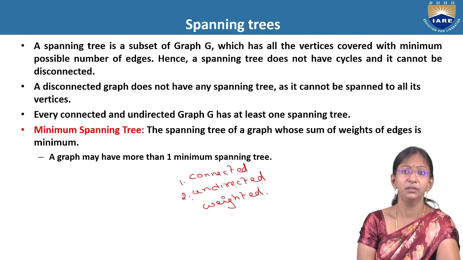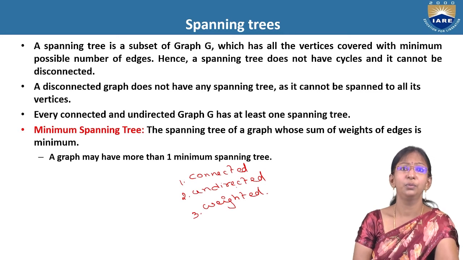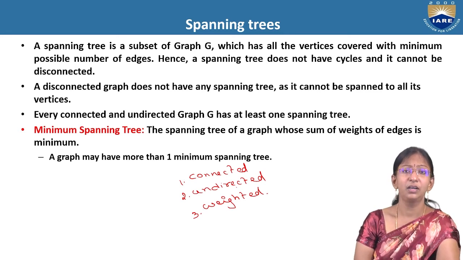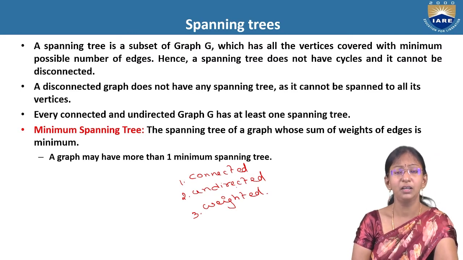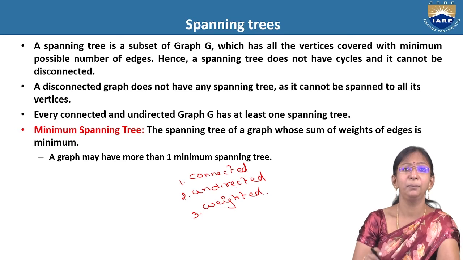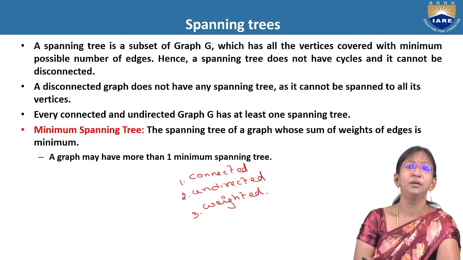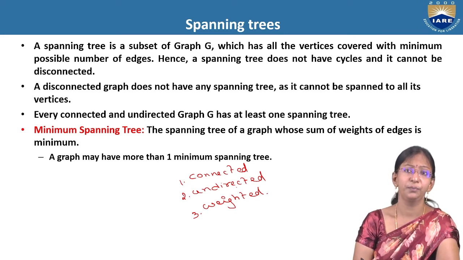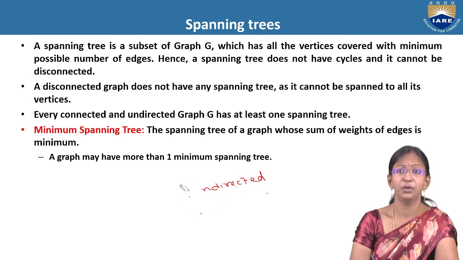Please remember, in a connected, undirected, weighted graph, a spanning tree which is formed in such a way that the sum of the weights on its edges is minimum is known as a minimum spanning tree. Okay, so what do you mean by this one? Let me explain in depth.